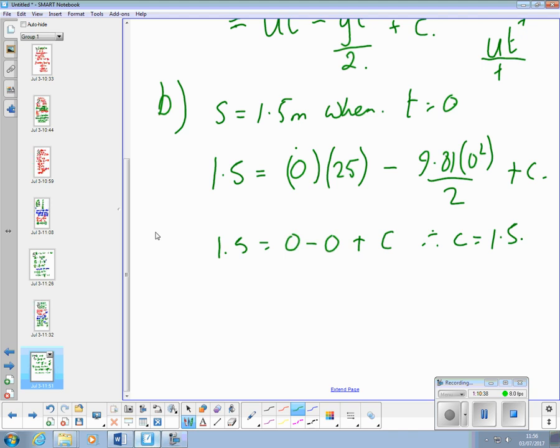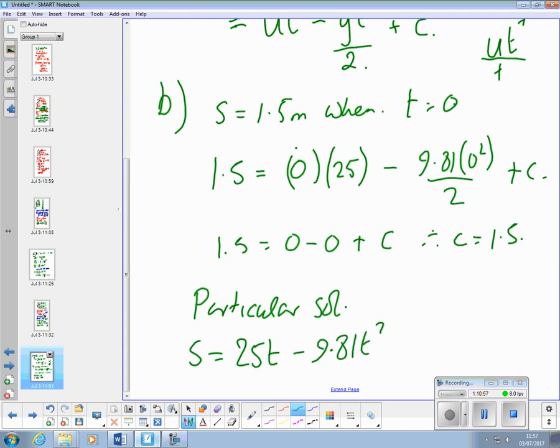See that? Particular solution is S is equal to 25t minus 9.81 t squared over 2 plus 1.5.